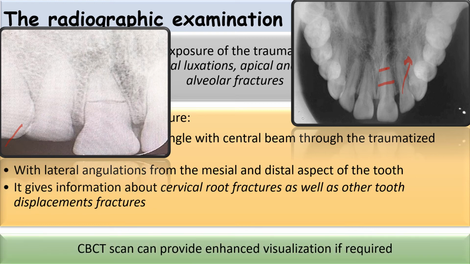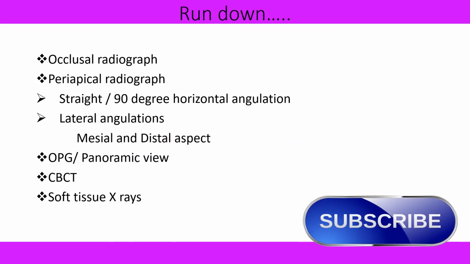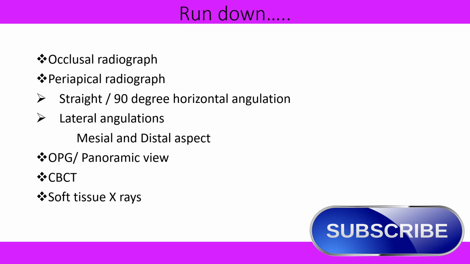In case enhanced visualization is required, then we can go in for CBCT scans. A quick rundown of the X-rays to be taken: occlusal radiograph, periapical radiograph with straight or 90-degree horizontal angulation or lateral angulations from mesial and distal aspect, then OPG or panoramic view, CBCT scan, and X-rays of the soft tissues.